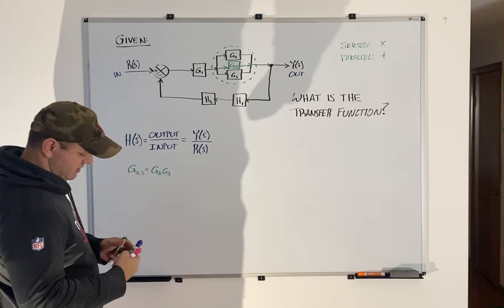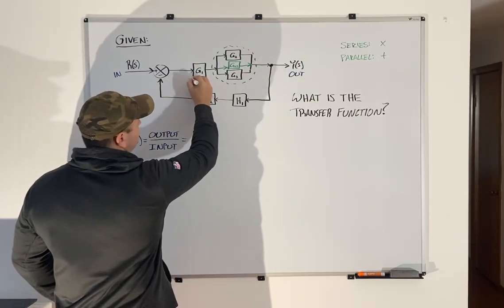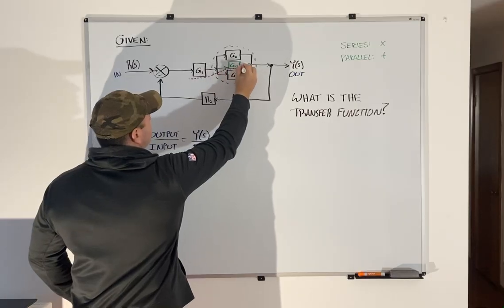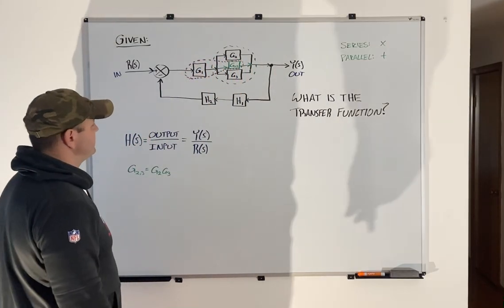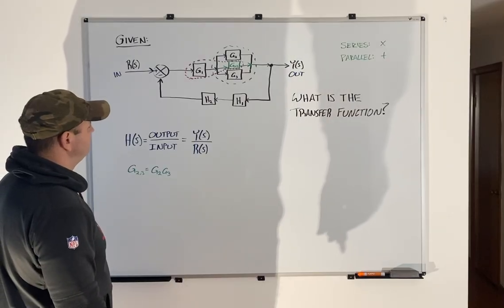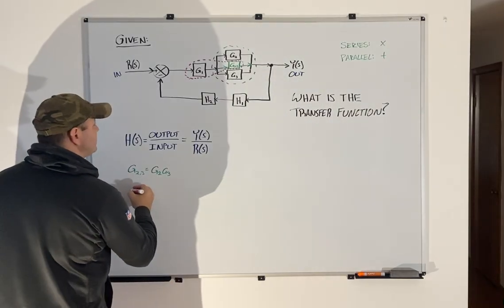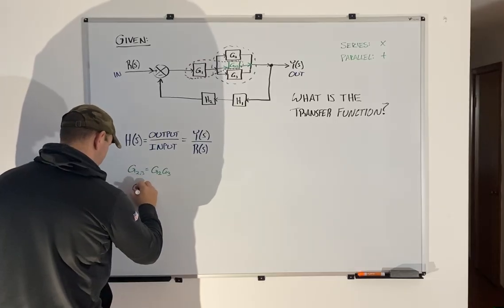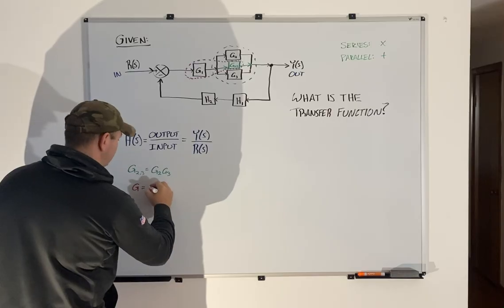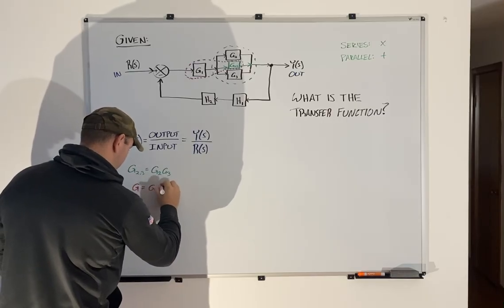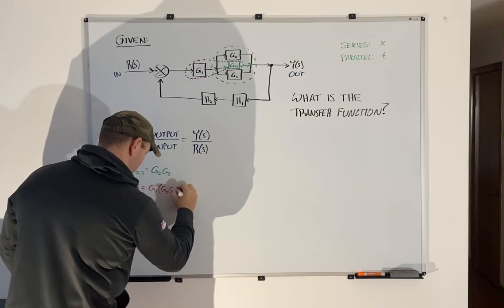Now, I'm going to say that G2,3 is in series with G1. So I'm just going to call that G. That's going to be G1 times G2,3.